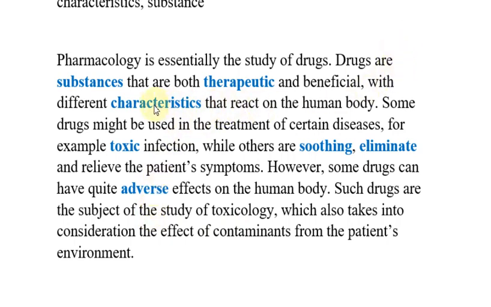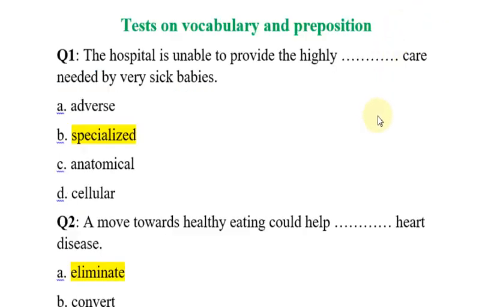Now, we have worked on one of the exercises here. We also covered some sample multiple choice tests. So you need to work on all the adjectives, all the nouns, all the verbs, and pay attention to the prepositions.